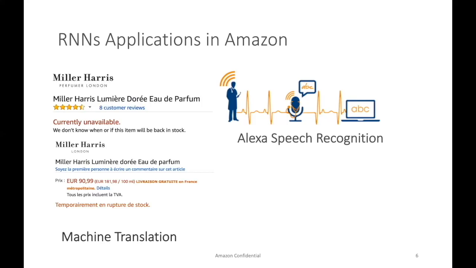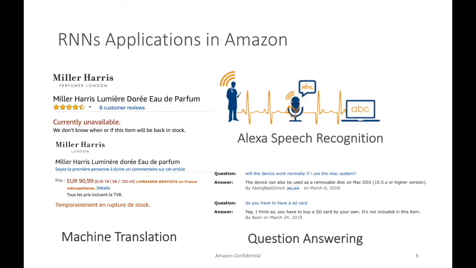Similarly, machine translation, wherein Google Translate or Amazon translates a page written in English to a different language, also depends on RNNs. There are a lot of applications of RNNs. Question answering is also an application: if you have a question, an automated RNN can read the question and then answer it based on the product details.